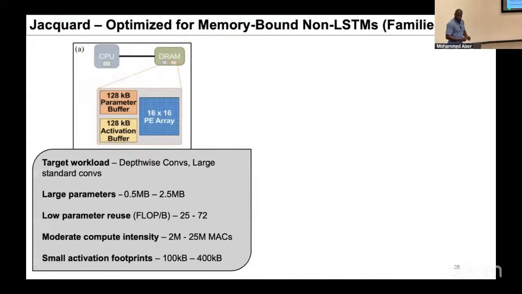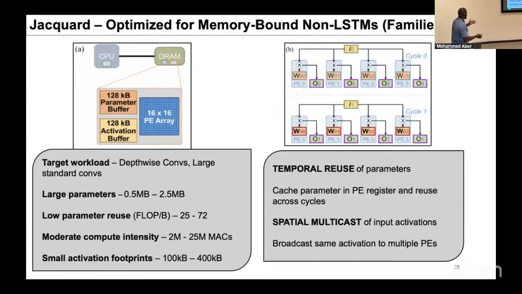Then the last one is called Jacquard, which is optimized for memory bound non-LSTM families. In this case, this family would have small activation footprints and moderate compute intensity.